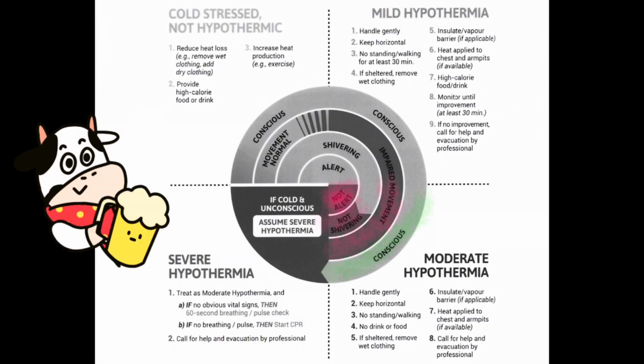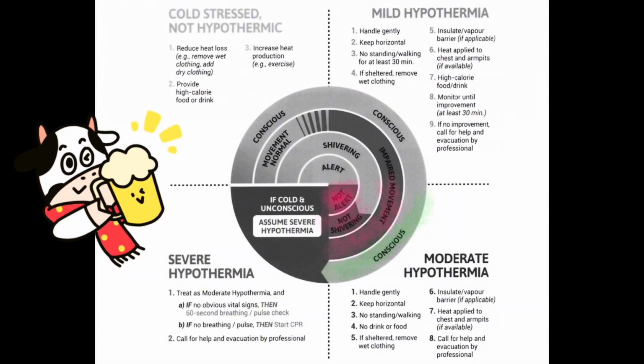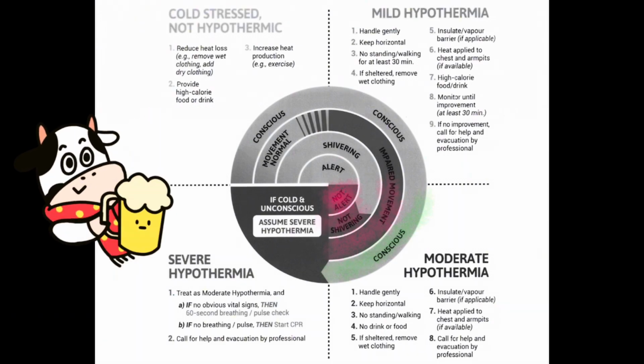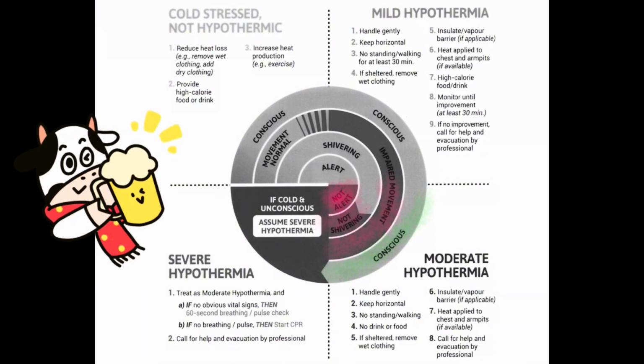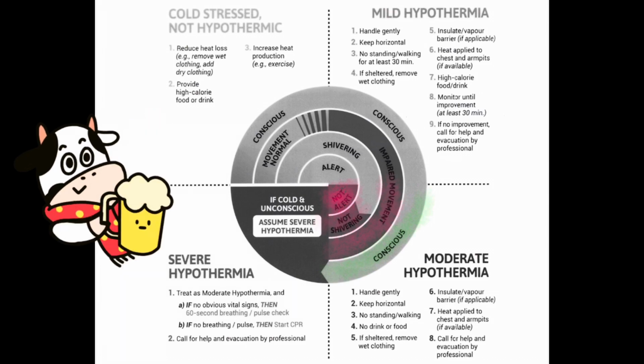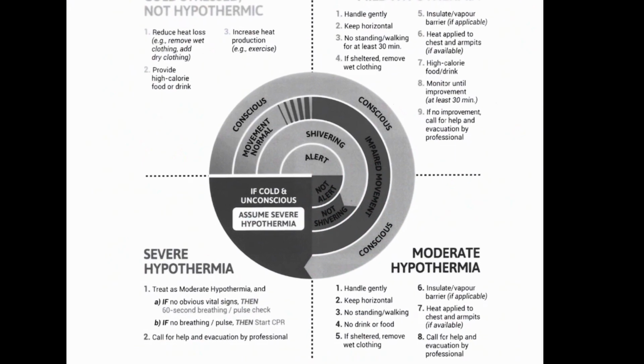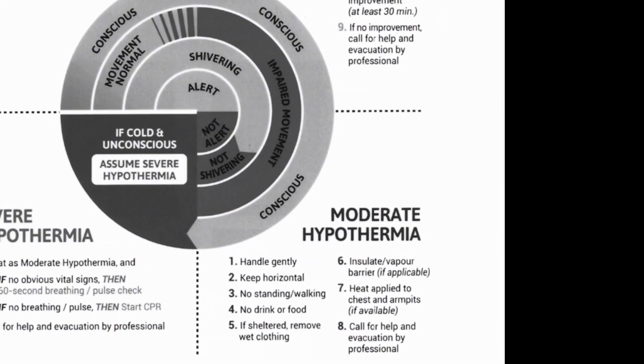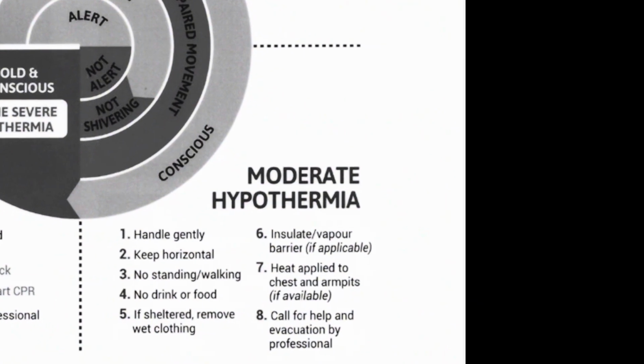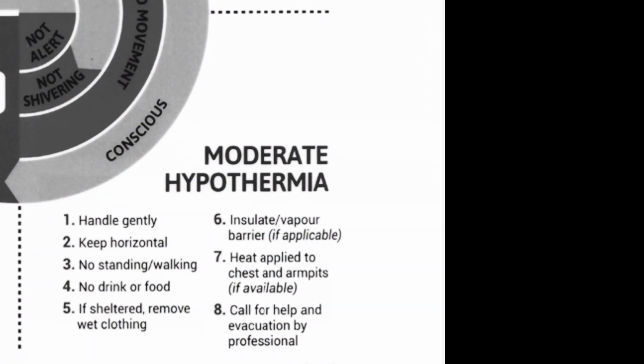They are freezing cold, but they may start taking their clothes off or talking nonsense. And they are not even shivering anymore, so the last mechanism that their body had to produce heat is not working anymore. So the situation is much worse, and we move to moderate hypothermia.